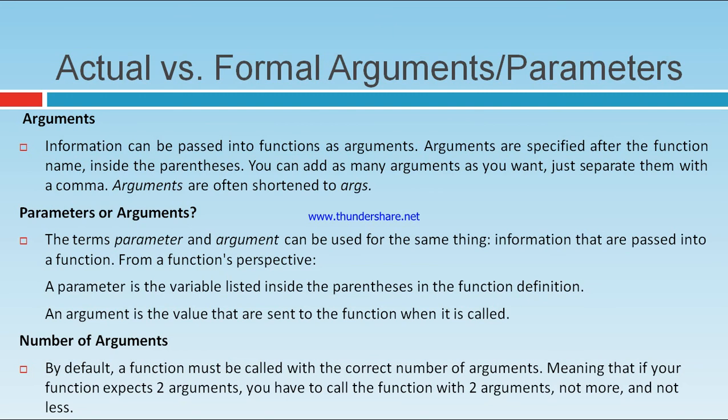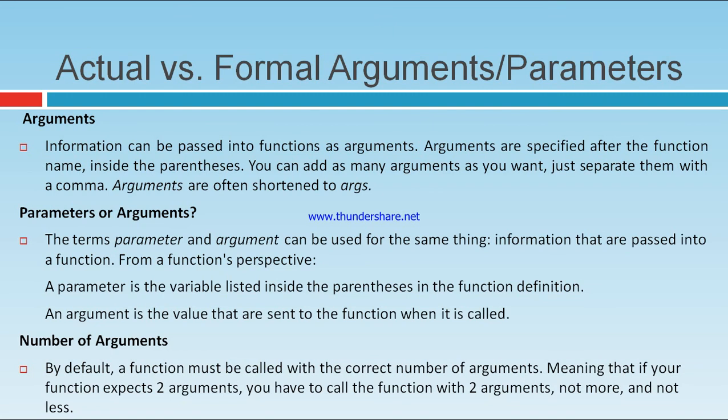Information that are passed into a function, means these two terms are totally related with the function only. Right? A parameter is the variable listed inside the parenthesis in the function definition or in the function header. Right? The function header holds the parameter of the function.